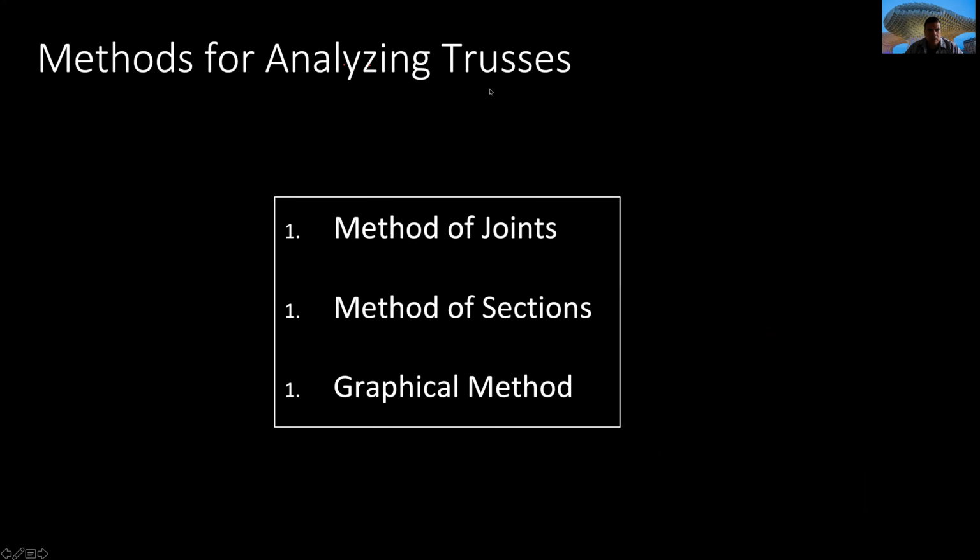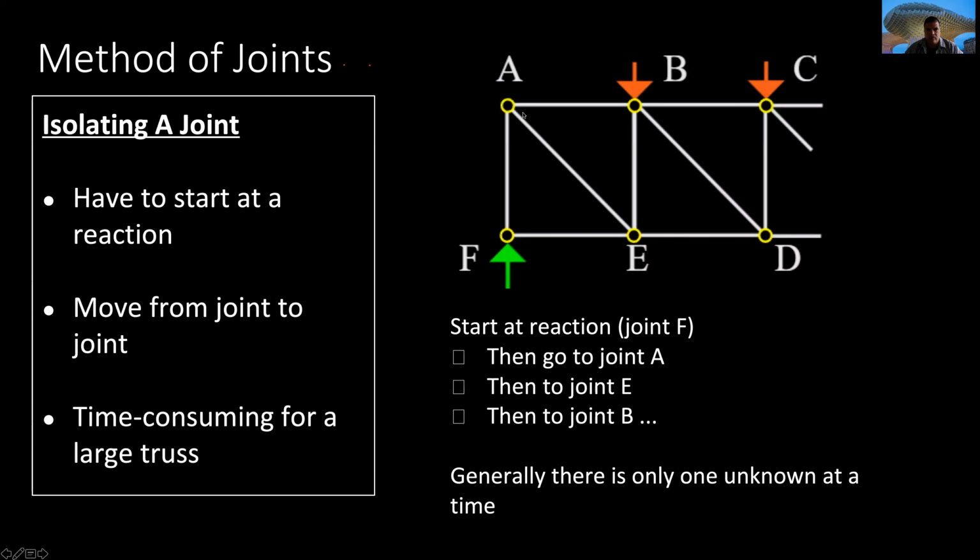Next, we have several methods to analyze trusses, and the methods are the joint method, the section method, and the graphical method. I will start with the joint method. In this joint method, we need to isolate a joint. Well, we will imagine that we have a joint that is by itself.